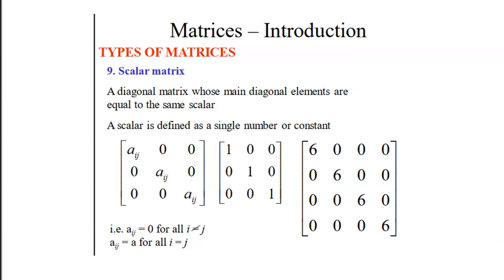Here you go, you've got 1, 1, 1, 6, 6, 6, 6. It's a square matrix, it's a diagonal matrix, and the diagonal elements are just a single number.